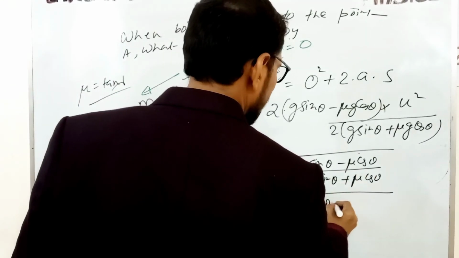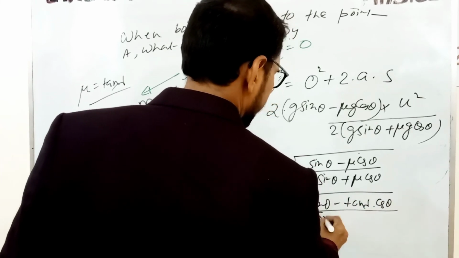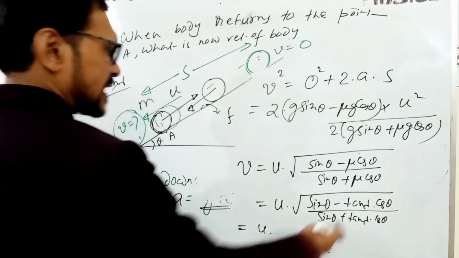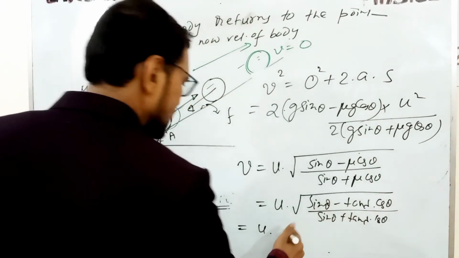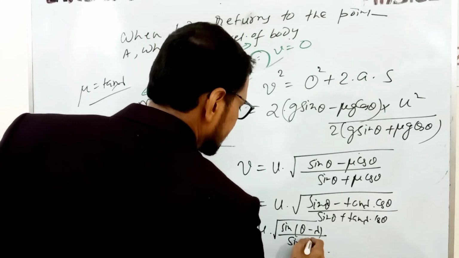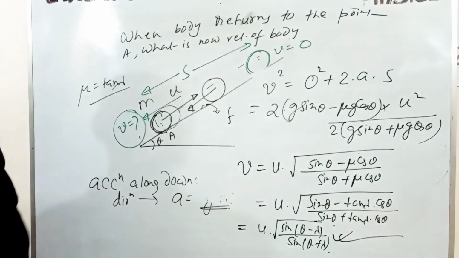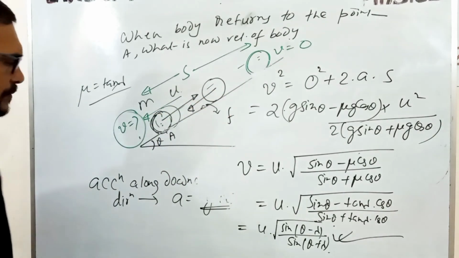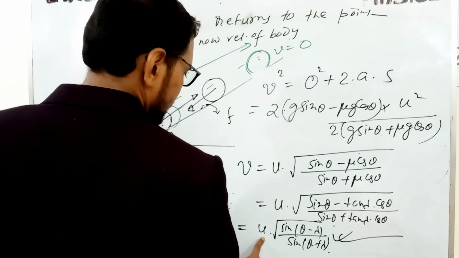Sin theta minus tan lambda cos theta, sin by cos, that is, root over sin(theta minus lambda) by sin(theta plus lambda). So this is the result. Okay. So when the body is projected upward and returns back along the rough inclined plane, if the angle of friction is lambda, then the resulting velocity will be this.